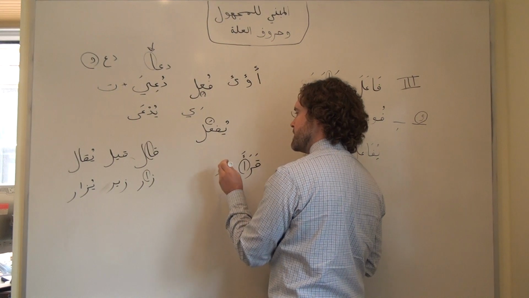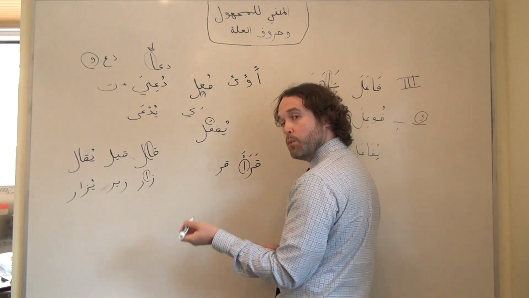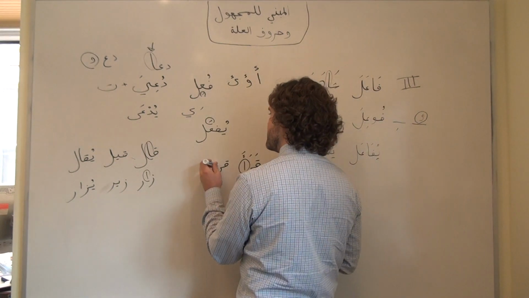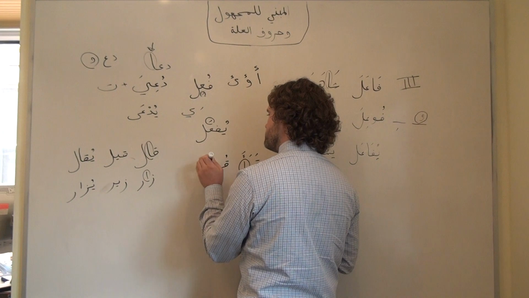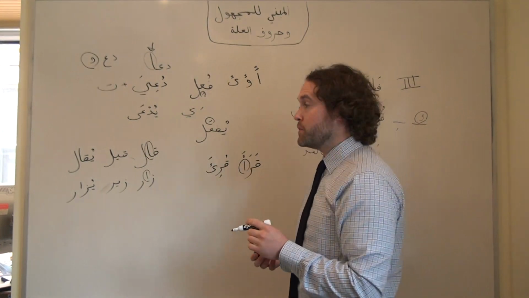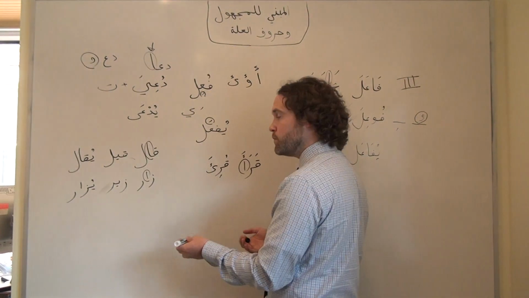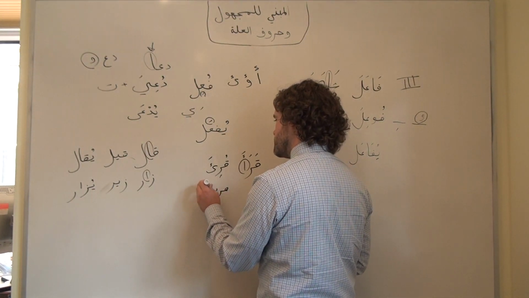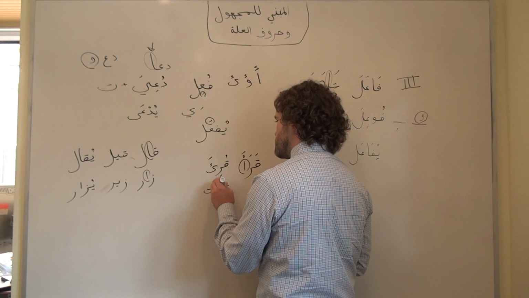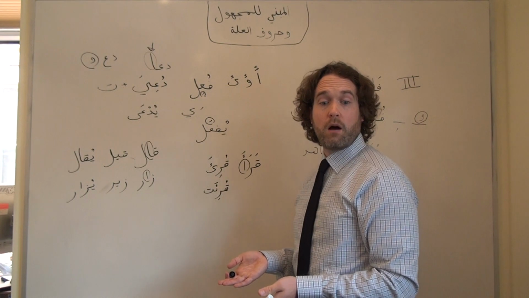So instead of saying qara'tu al-kitab, I read the book, for example, we could say the book was read, and it would look like that. Or if we were talking about an article instead, a maqala, which is feminine with ta marbuta, we could say or write quri'at al-maqala.